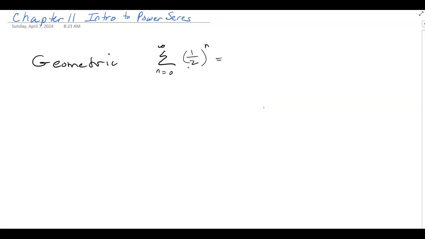Well, this is a very basic geometric series. You start with n = 0. Well, 1/2 to the 0, of course, is 1. Then it's 1/2 to the first, 1/2 to the second, 1/2 to the third, and so on and so on.